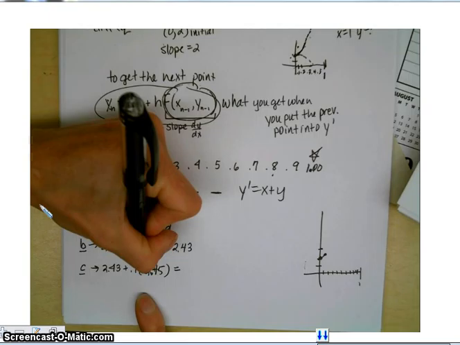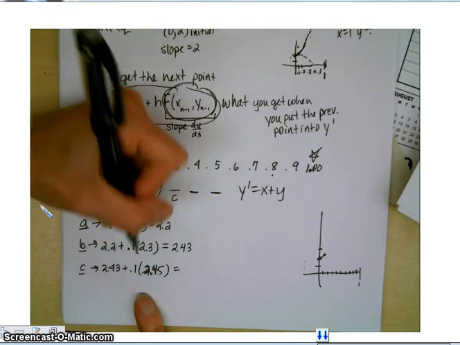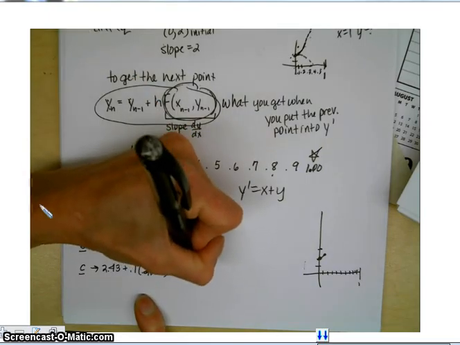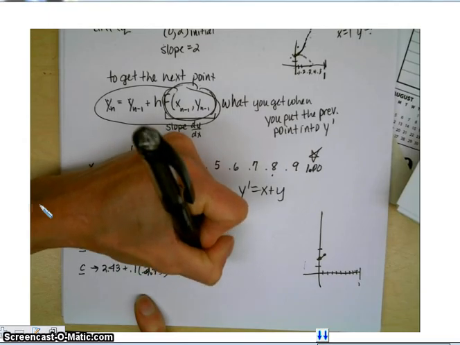So 2.45 times 0.1 plus 2.43, do not round, 2.675. Thank you.